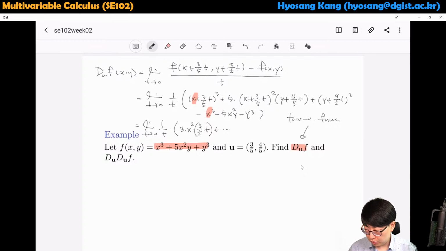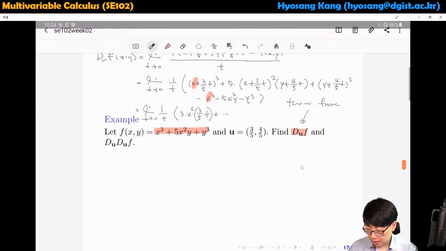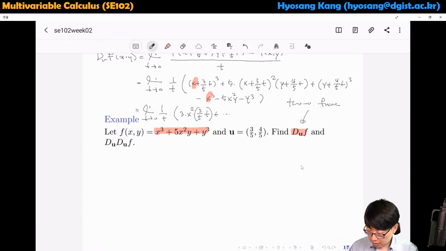But if you have a t squared, then because we are going to divide the t out everywhere, t still remains if you have a t squared.